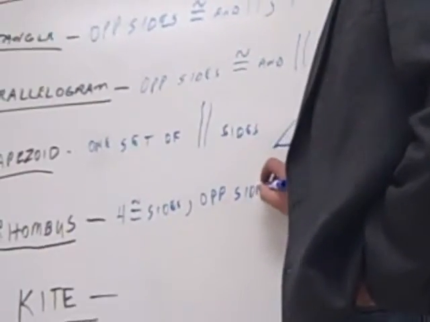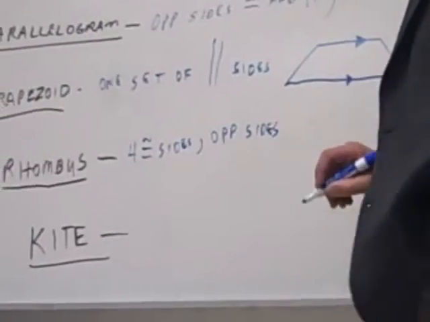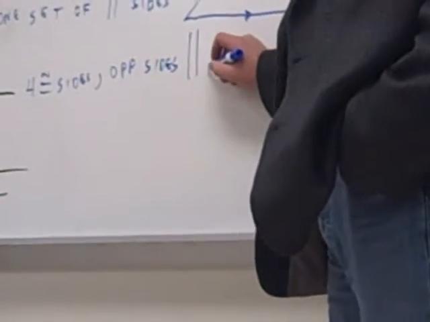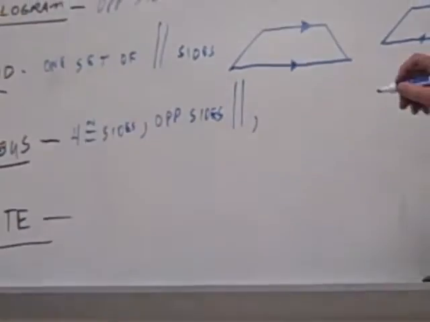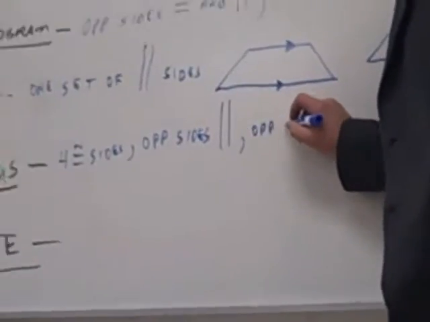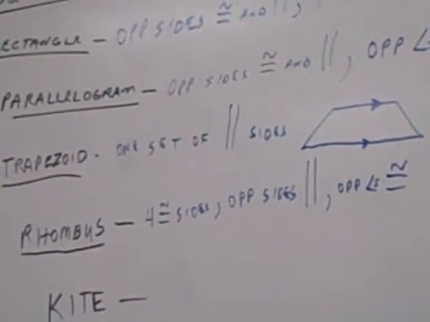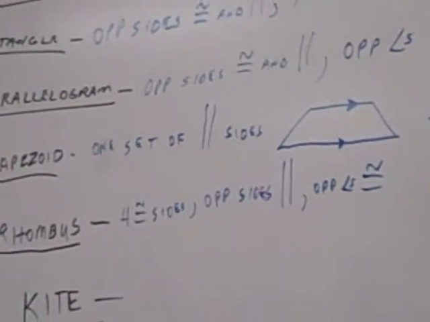Opposite sides, right? Opposite angles congruent or equal. And Ron, you were saying it's a squashed square.